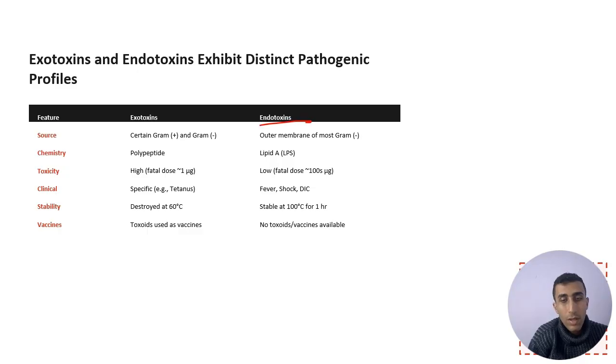Endotoxins are part of the bacteria, while an exotoxin is something the bacteria produces. This is the main difference. Endotoxin is part of the bacteria, but only of gram-negatives. Gram-positives can't have endotoxin, and it's essentially lipid A. Remember from our last episode that gram-negatives have an outer membrane, while gram-positives do not.